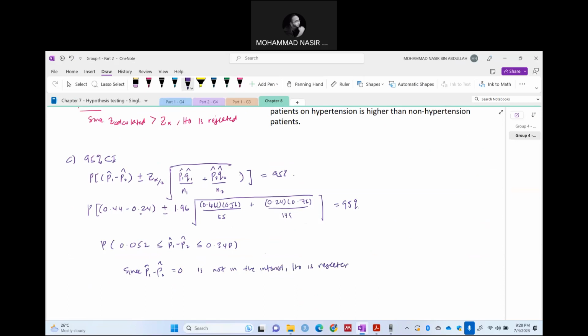So it means that there is a significant difference between P1 and P2. Boleh?